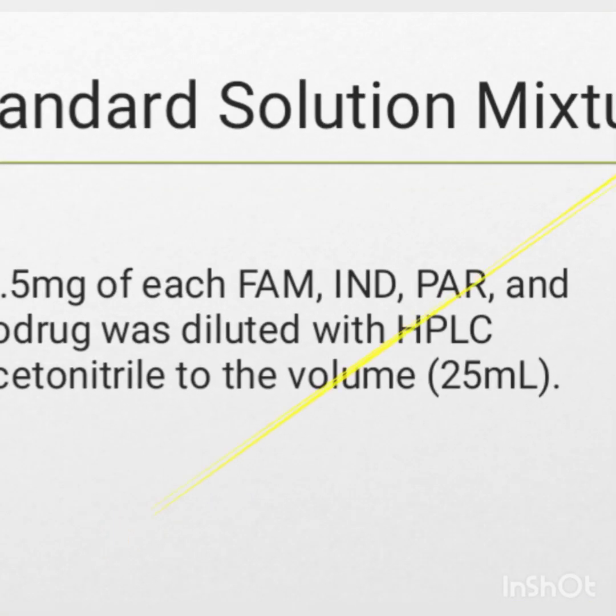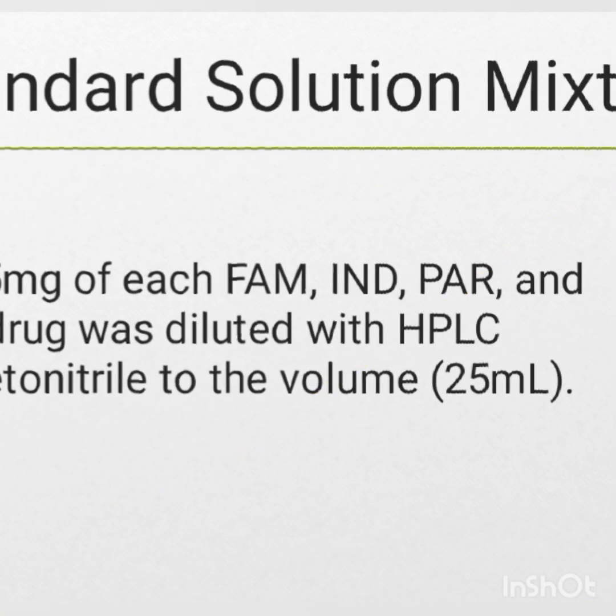We also need a standard solution mixture, which is 2.5 mg of each standard like FAM, IND, PAR and core drug, and that was diluted up with HPLC acetonitrile to have a volume of 25 milliliter.